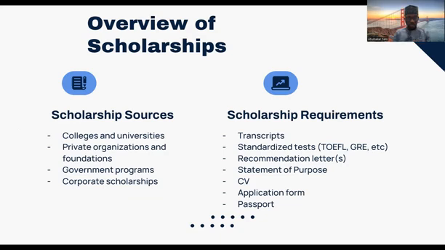And the sources are as follows. We have colleges and universities. As I mentioned, they could give scholarships to students based on demand. Let's say a new university wants to create awareness about itself; nobody knows them, and they want to start operations.